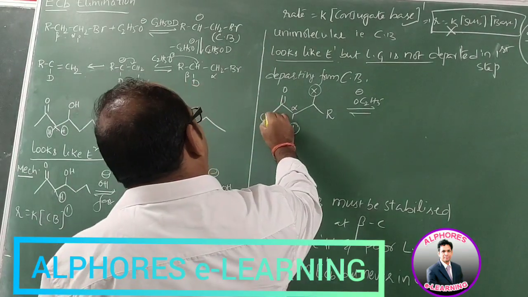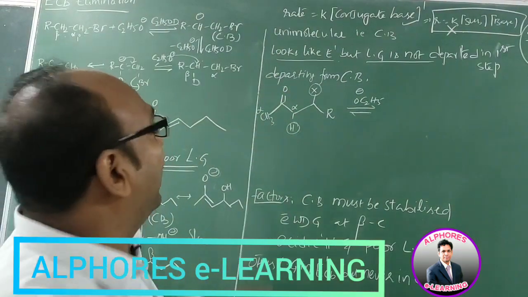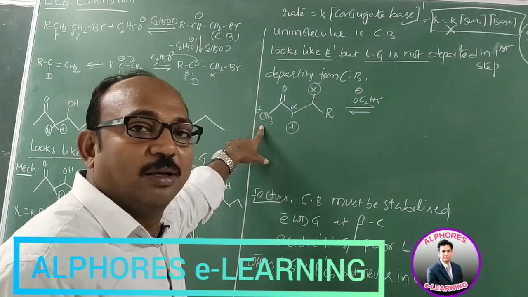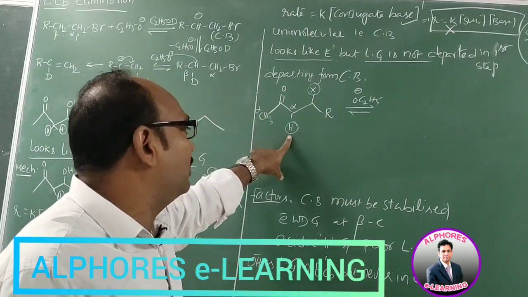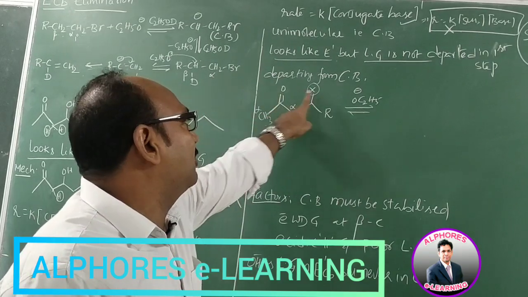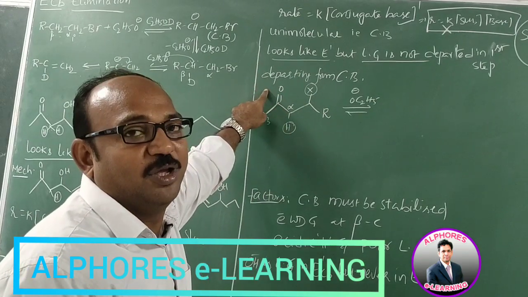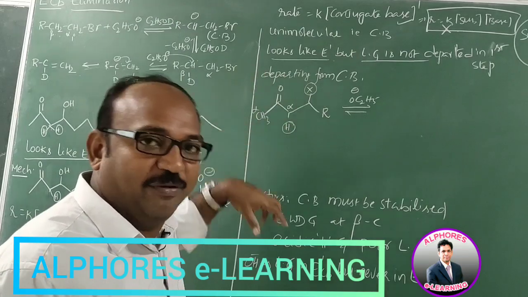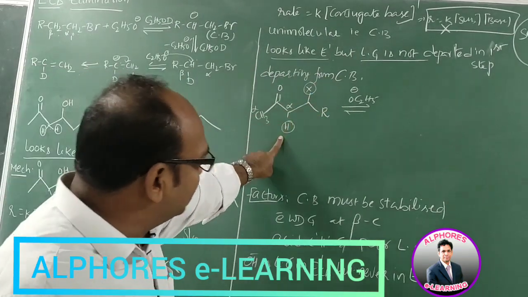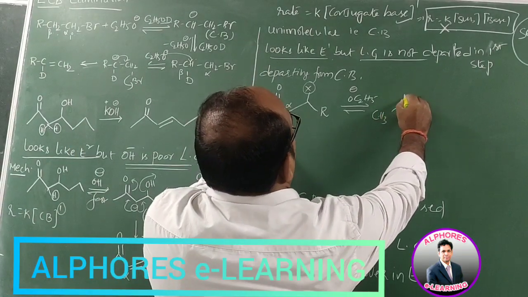Here also there is an alpha carbon with respect to the C double bond O. But why is OC2H5 minus not going to abstract a proton from there? Compared to that, this hydrogen is more acidic because its carbon is activated by two electron withdrawing groups: one is the halogen, another is the C double bond O. Both electron withdrawing groups promote its acidic nature. That's why the base prefers to abstract the proton from here.